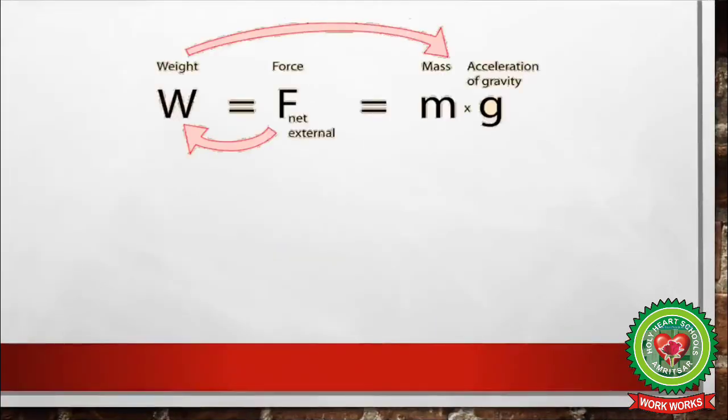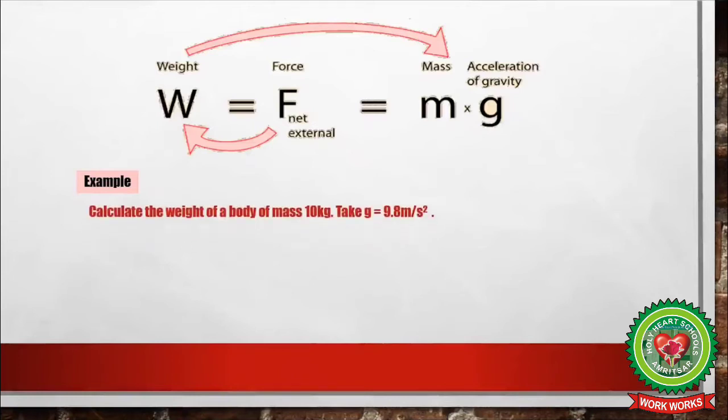Now let's see an example by which we can be more clear about weight. Calculate the weight of a body of mass 10 kg. Take g is equal to 9.8 meter per second square. As we know, w is equal to m into g.